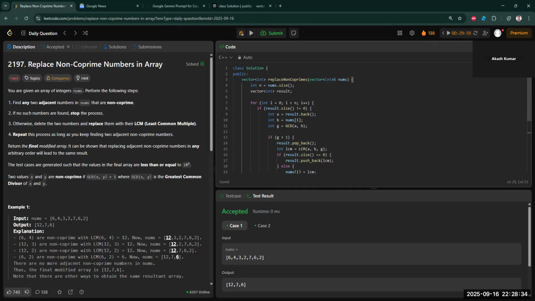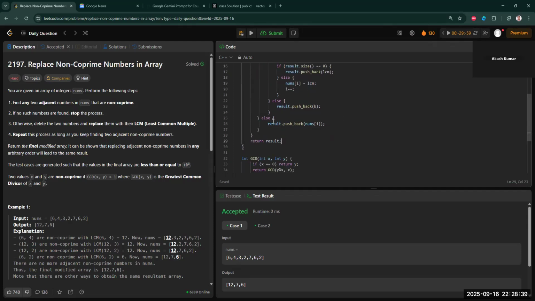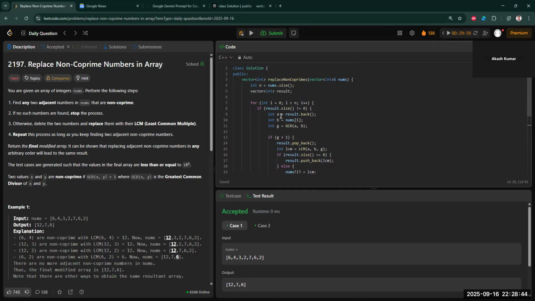At the first element, the result array will not have any number, so we just push the number into the result array. If it is non-empty, for convenience I have created two aliases, A and B, for the last element of the result array and the current element in the array. We find the GCD G.